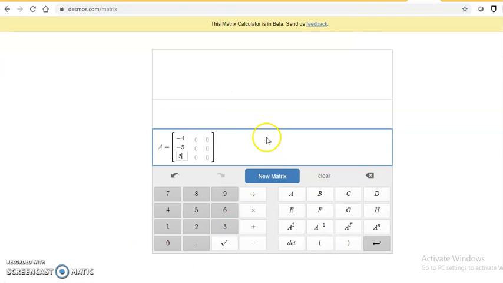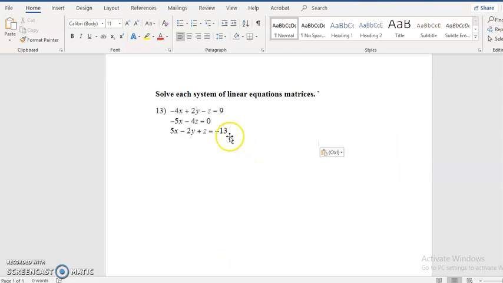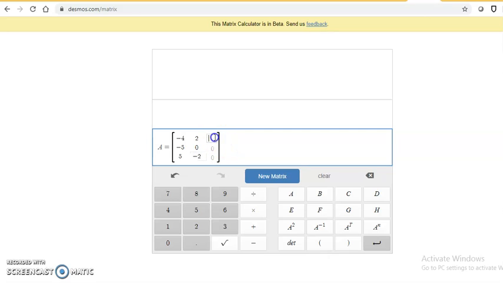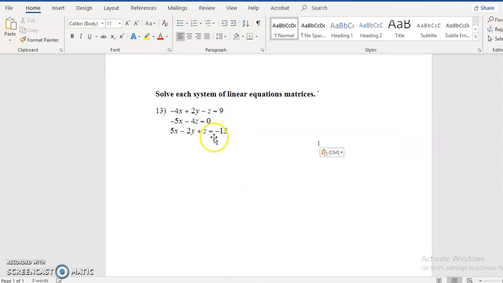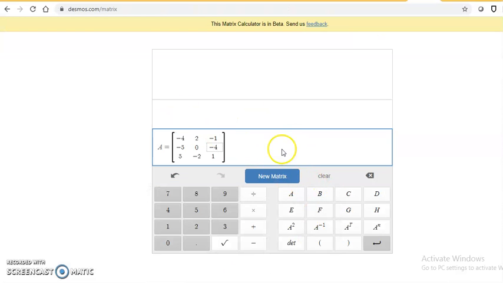And then my z values are going to be negative 1, negative 4, 1. Sorry, negative 1, negative 4, and 1. All right, so that one's done.